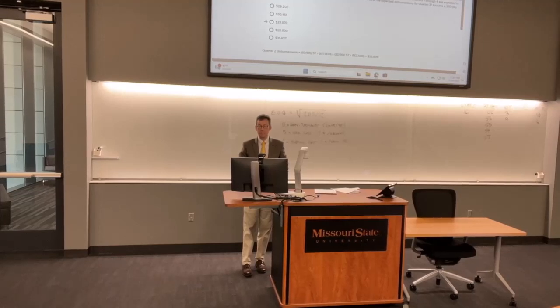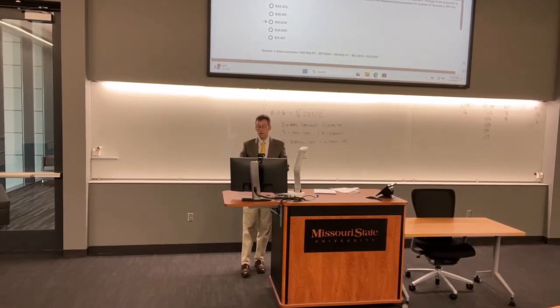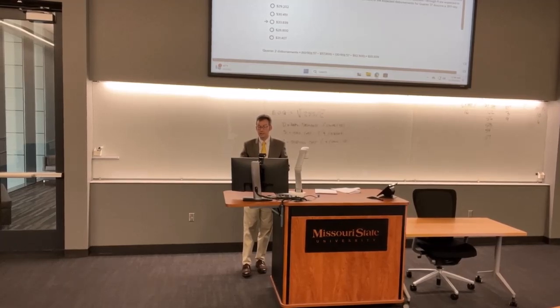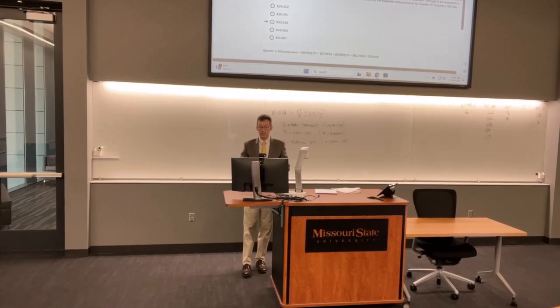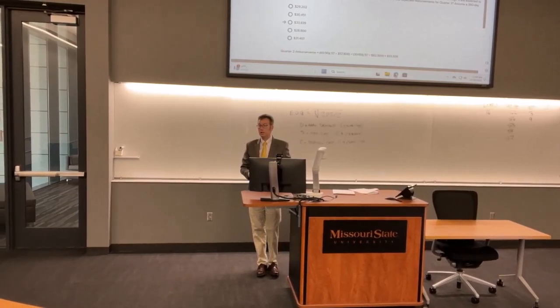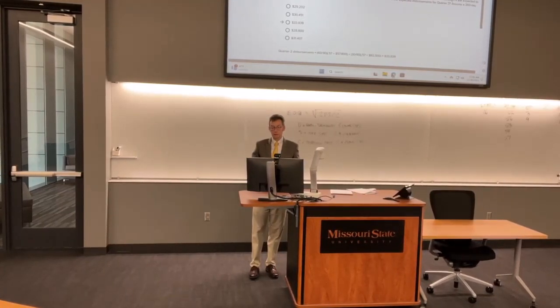The accounts payable balance at the beginning of quarter 1 is 27,500. Quarters 1 through 4 sales are given, and what's the amount of the expected disbursements for quarter 3? Assume a 360-day year. Oh, wow. Okay, so disbursements, that's the amount of money that we're going to spend, right?